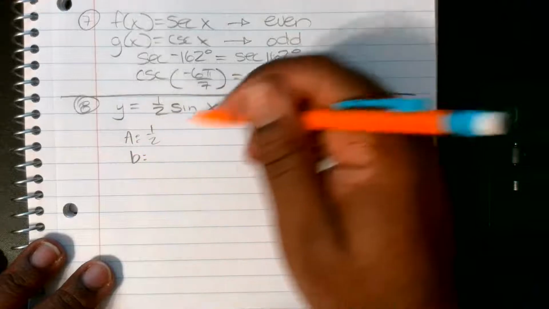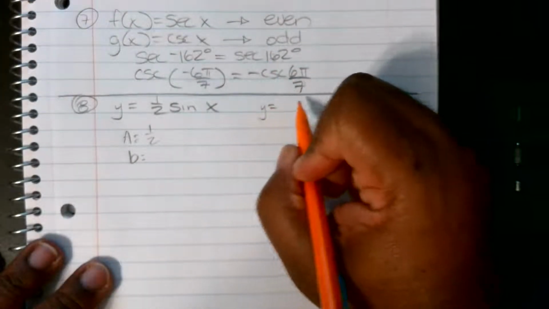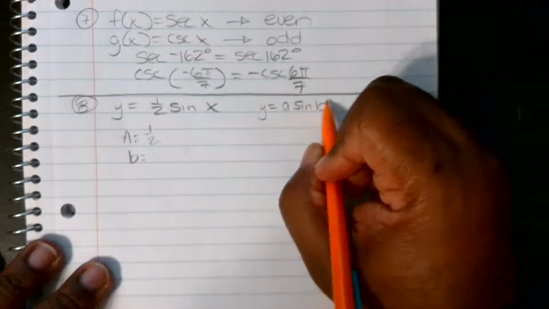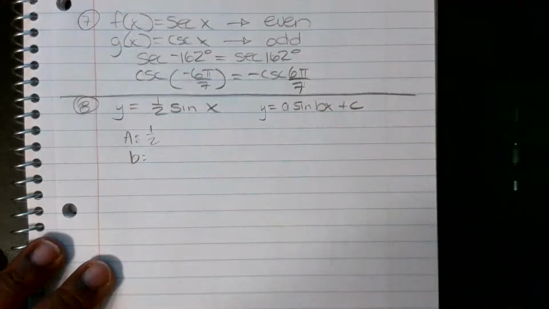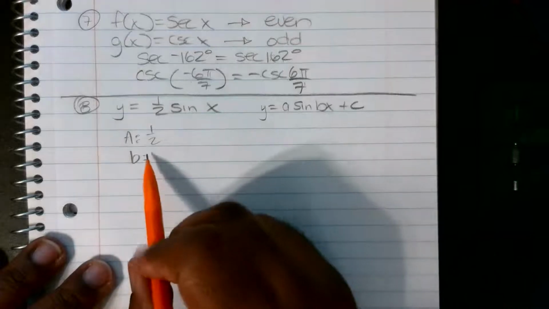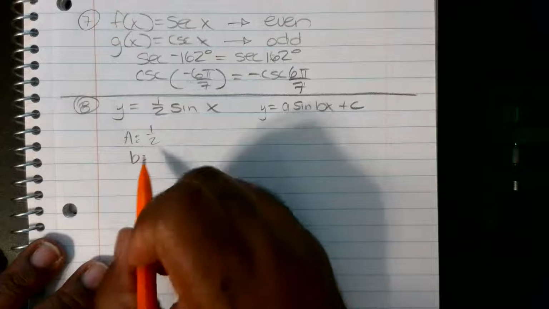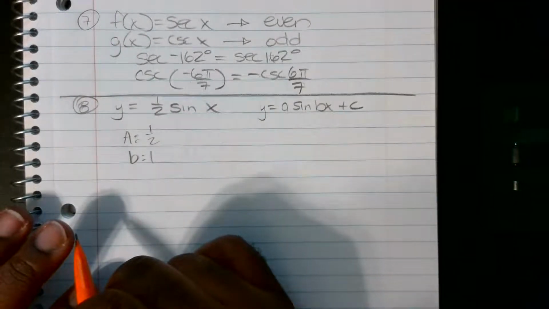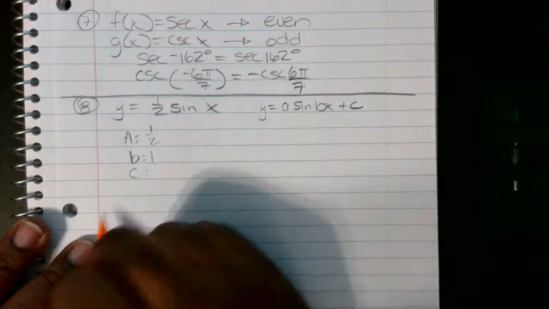This is of the form y equals a sine of bx plus c, the general form of a sine or cosine function. B affects your period. B in this case is 1, so it doesn't affect your period at all. And c is your shift, and that's 0.